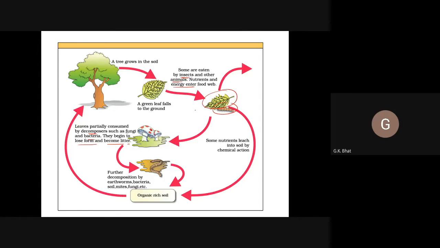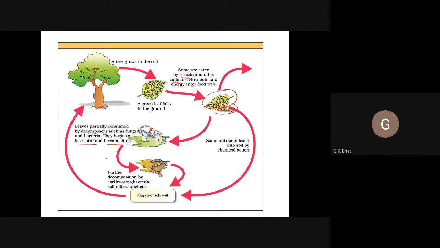They eat because they want to get energy. At the same time, the dead remains of plants, roots, stems, etc., undergo fragmentation. Whenever water is there, some minerals and nutrients get washed down, which is leaching. And bacteria and fungi secrete enzymes, so catabolism is taking place.